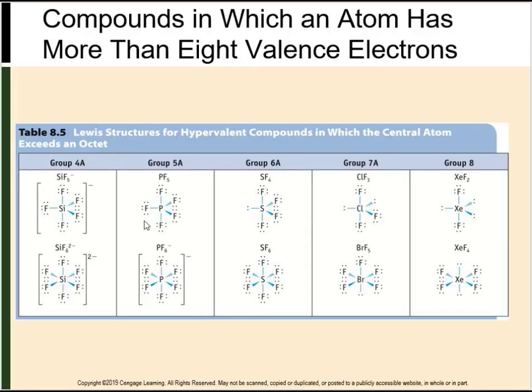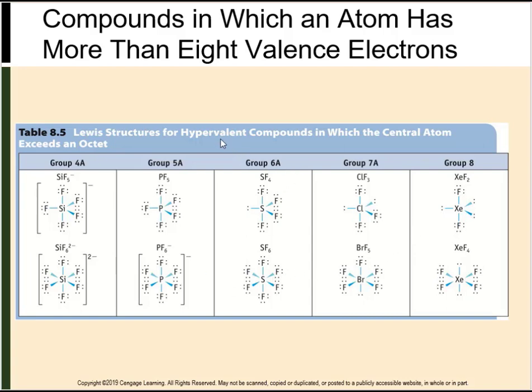Phosphorus we know has 5 valence electrons, and so 1, 2, 3, 4, 5, it's forming 5 bonds, but notice that because it's got 5 bonds, it's extended its octet, so it doesn't have 8, it's got 10. And same with sulfur, 1, 2, 3, 4, 5, again 10. Chlorine 2, 4, 6, 8, 10, and xenon 2, 4, 6, 8, 10.